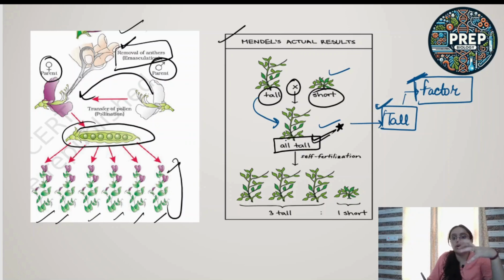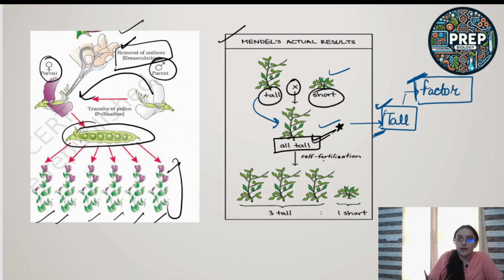But over a number of generations, when he cross-pollinated a pure tall with a pure dwarf plant, he found in the first generation all the plants were tall. So he discovered that something was transferred from one generation to the next, and there was no mixing of characters. One character expresses itself and the other character does not.